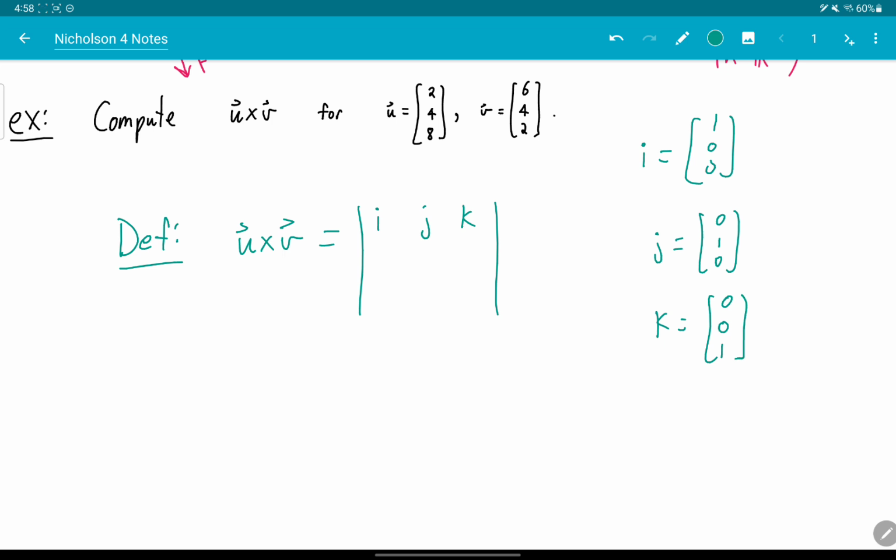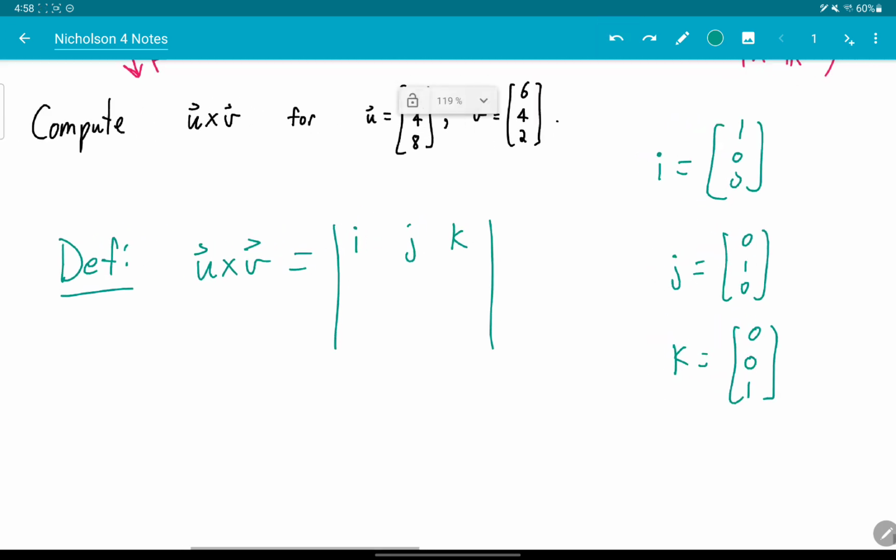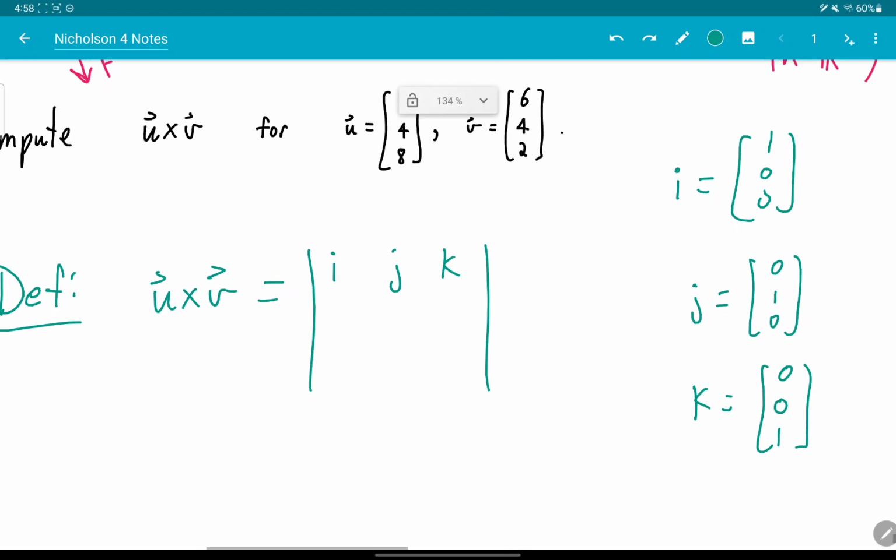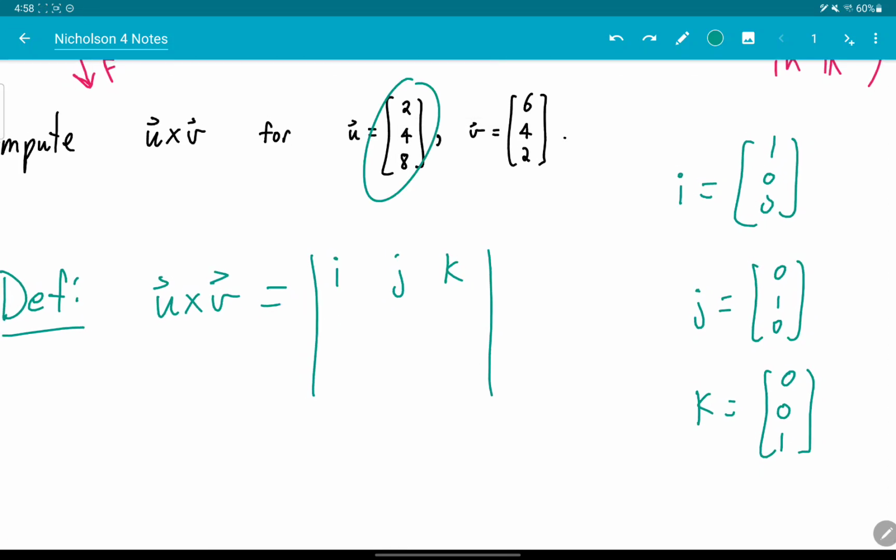So the definition is u cross v is going to be a determinant, i j k across the top. Which is kind of weird because these are vectors, but it's just a useful notation to use. And then I'm going to take this vector and put it across here, and I'm going to take this vector and put it across here.